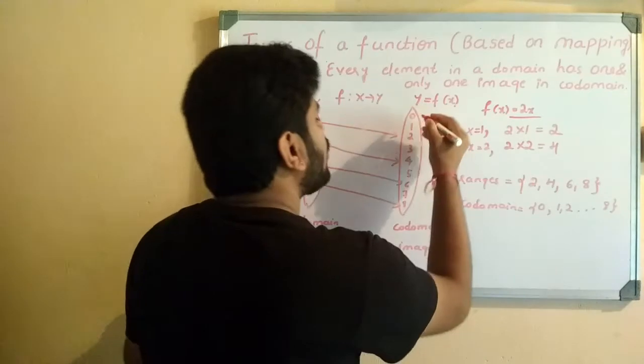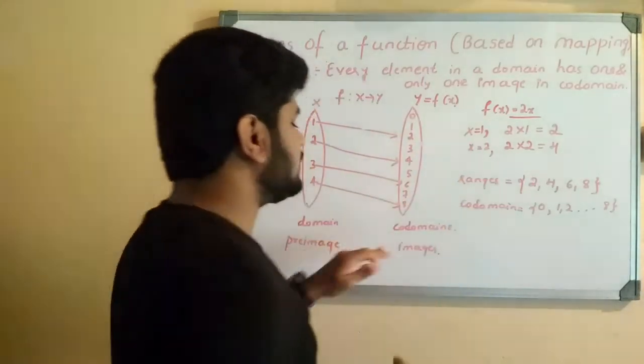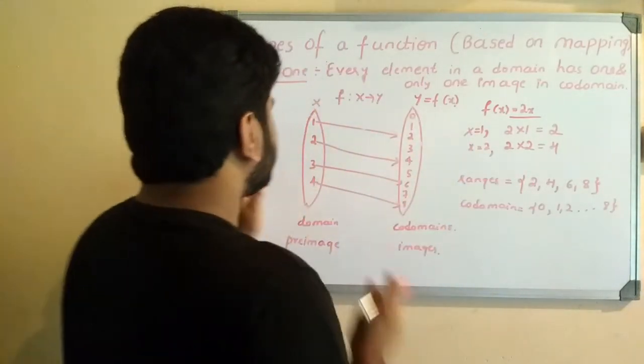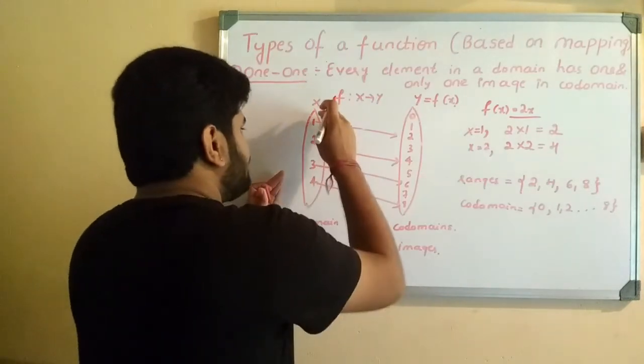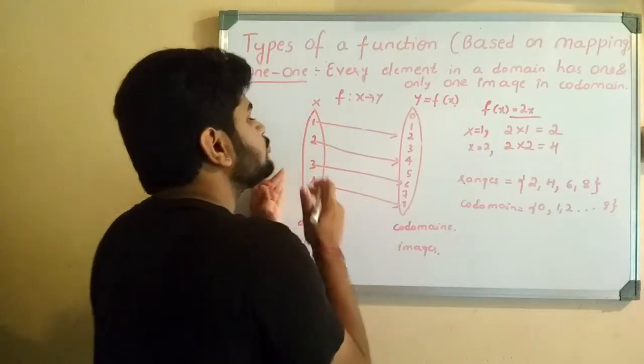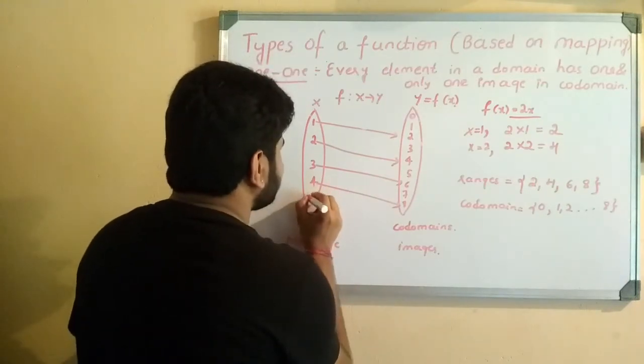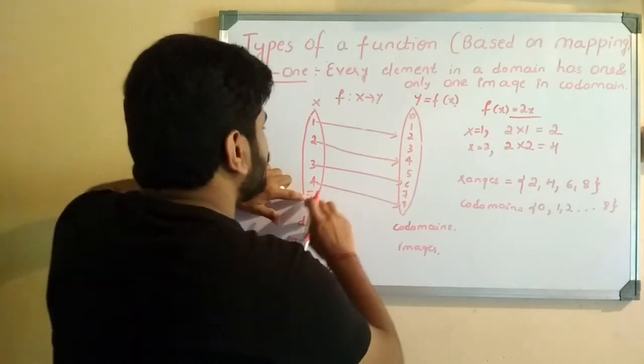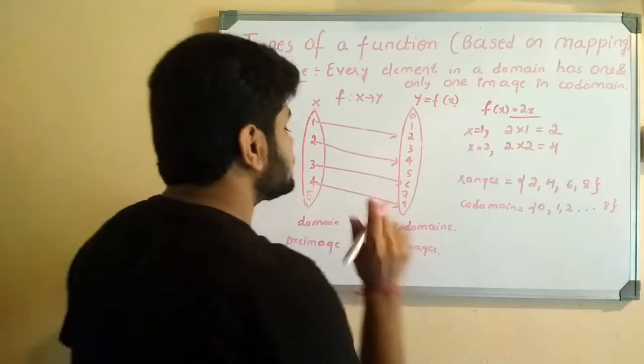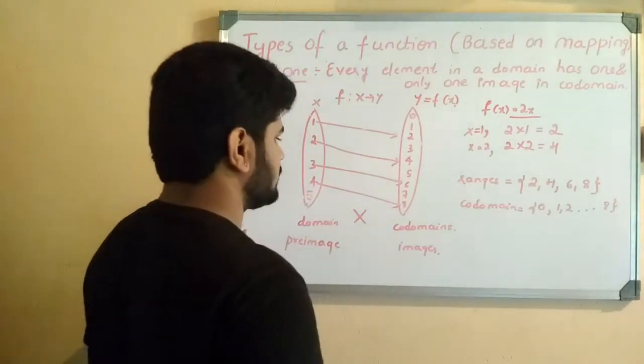It doesn't matter how many elements are in the codomain, but it is important that every element of the domain should be involved in a mapping. Here if 5 is there and 5 is not involved in a mapping, then it is not a one-one function.